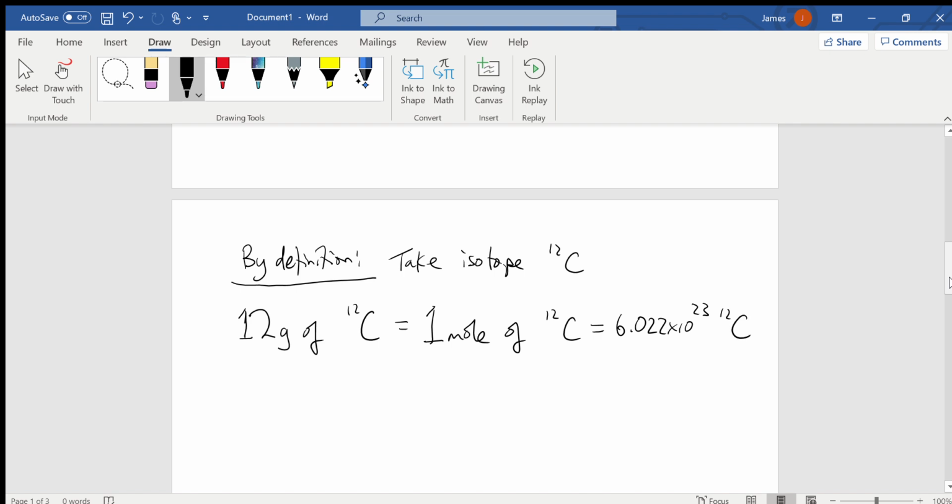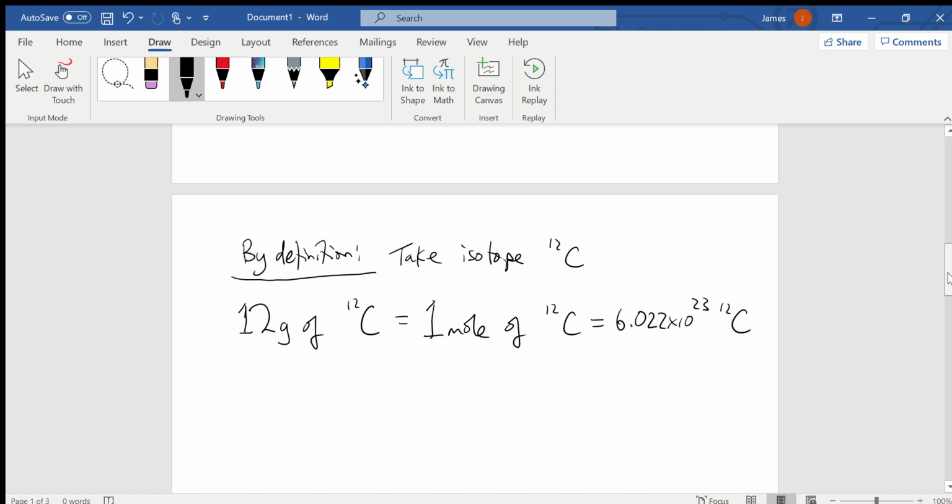Okay, so everything is based off of carbon-12 in 2020. It hasn't always been that case, but it's definitely that case now.